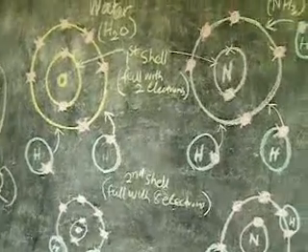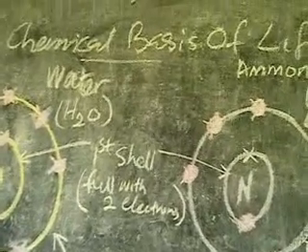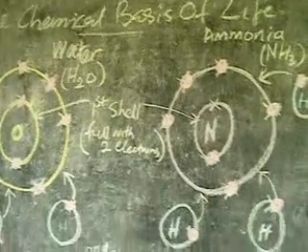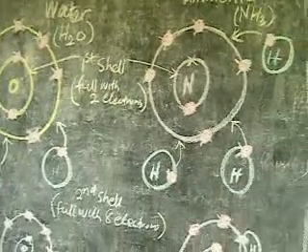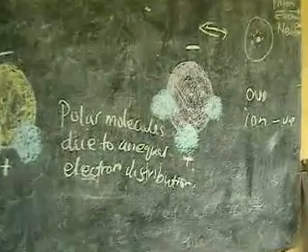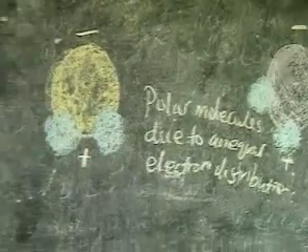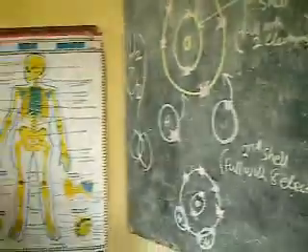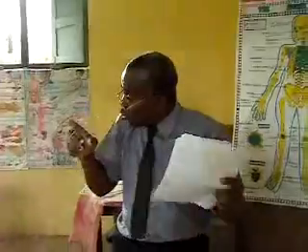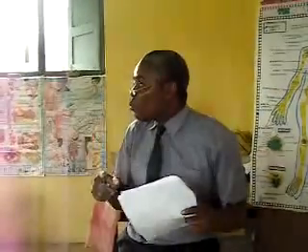Now, atoms tend to gain or lose electrons until their outer shells have a stable arrangement. The gaining or losing of electrons, or the sharing of electrons, contributes to the chemical reaction in which an atom participates. As I was saying, if two atoms, atom A and atom B, want to join together, and at the end of the joining the outermost shells are not complete, that reaction will not take place.